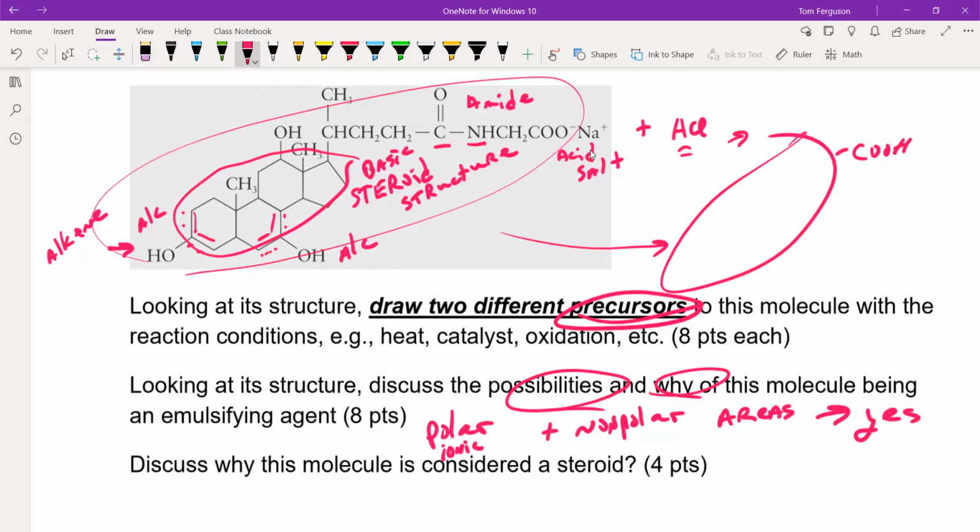This would be the polar part, and this other part would be the non-polar part. And is this a steroid? So it contains the basic steroid structure.